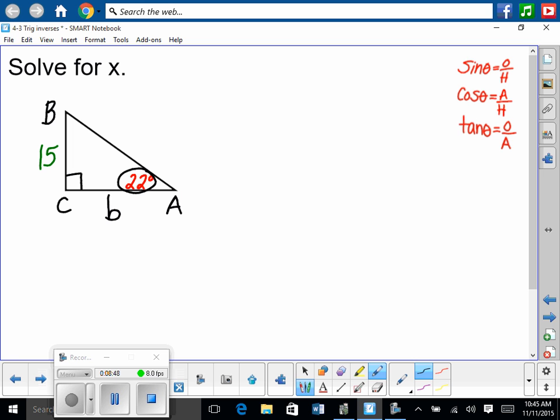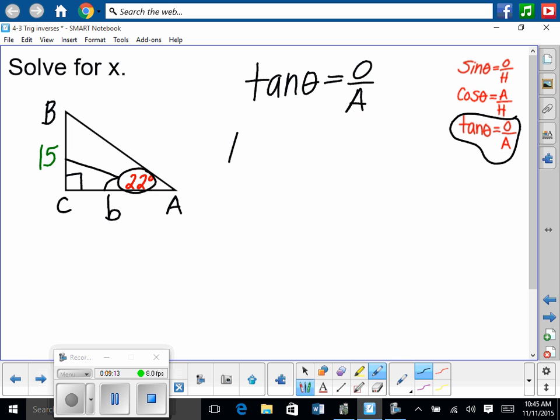So we're going to go off of what we're given here. So from there, what two sides do we have? Opposite and adjacent. Which trig ratio uses opposite and adjacent? Tangent of theta. So what we're using is tangent of theta is equal to opposite over adjacent. Now we're going to plug in everything we have.